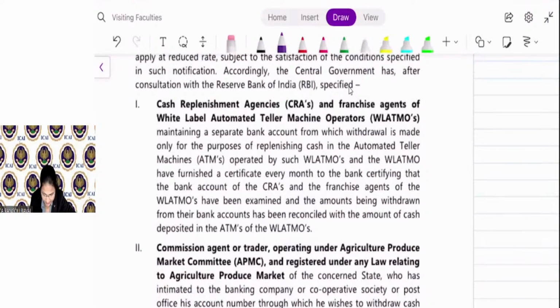So here, the white label automated teller machine operator has to maintain a separate account from which the withdrawal is made, and the only purpose for withdrawal is replenishing the ATM machine.